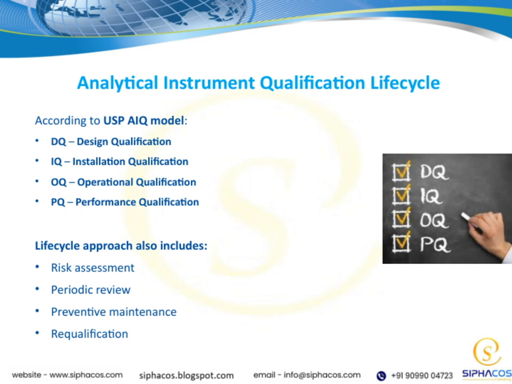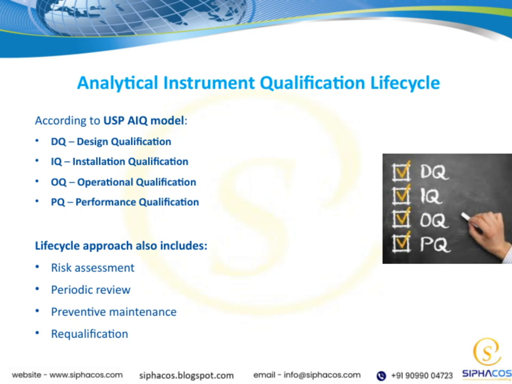Then comes OQ, Operational Qualification, which involves testing to ensure the instrument operates as intended under normal conditions. Finally, we have PQ, Performance Qualification, where we evaluate whether the instrument consistently performs over time and under real-world conditions.